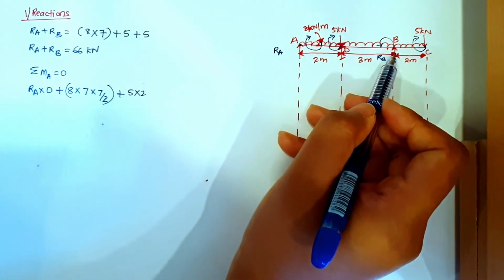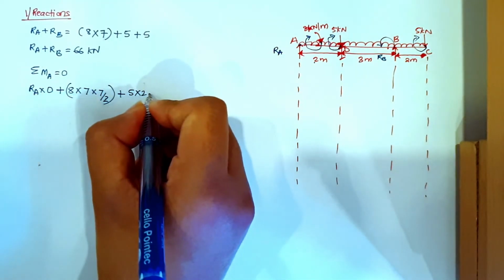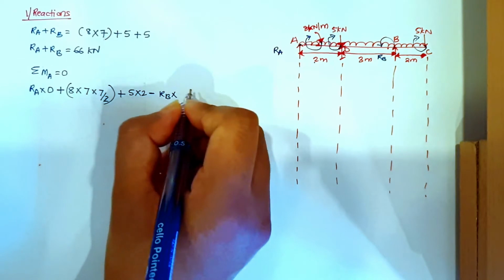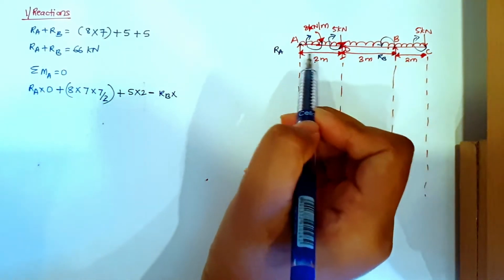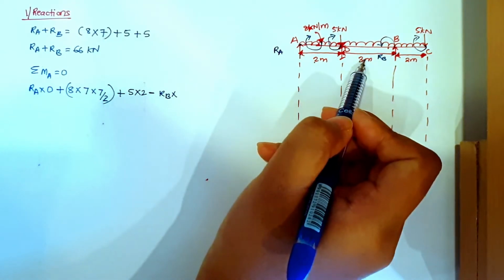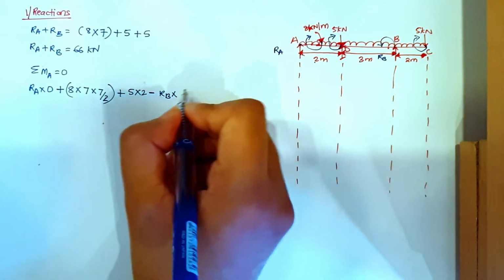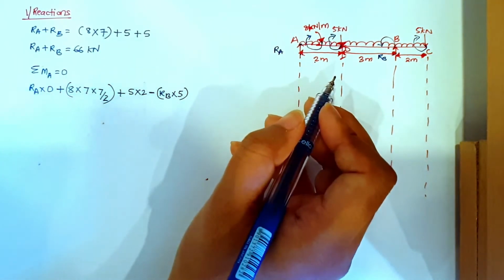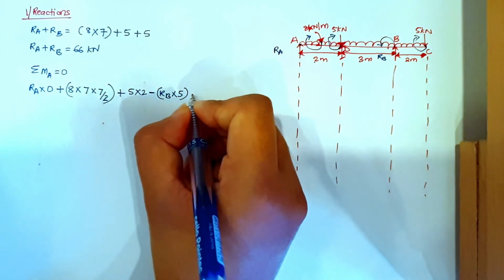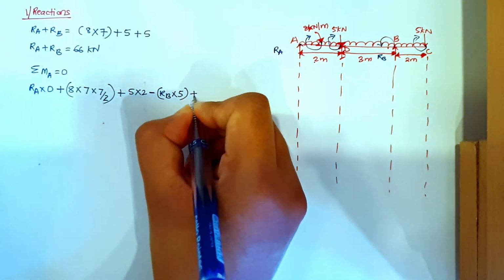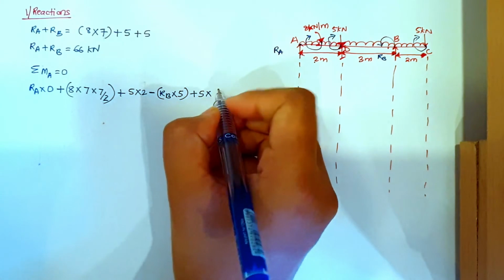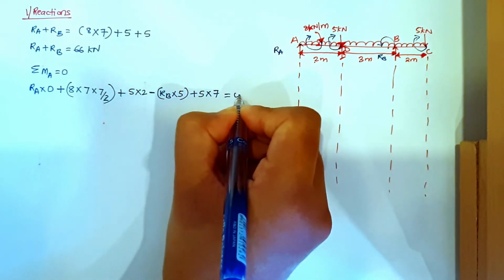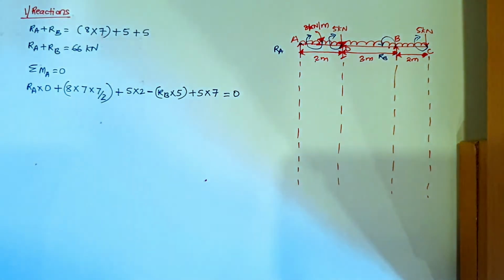Next I have RB. RB is going in anti-clockwise, so minus RB into the distance from B to A, which is 3 plus 2, 5 meter. Next I have the 5 kN load at point C going in a clockwise direction, so plus 5 into the total distance 7. This will be equal to 0.